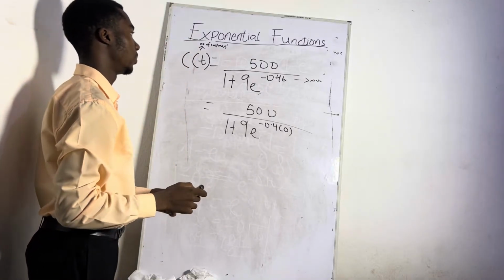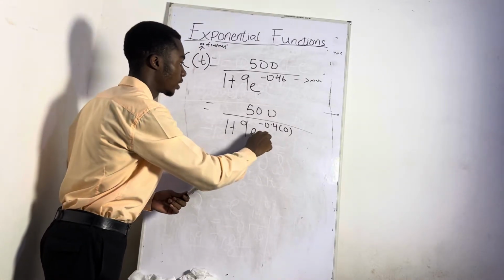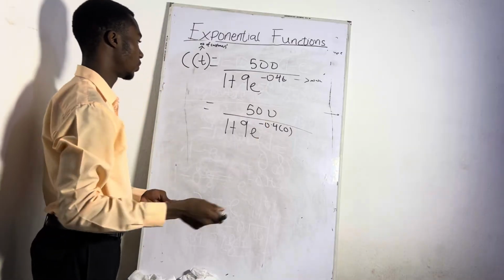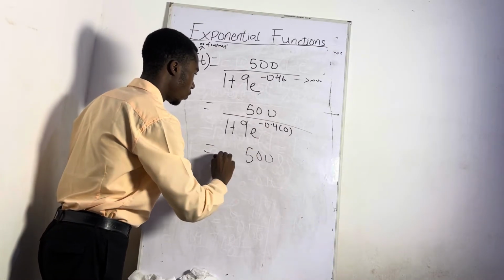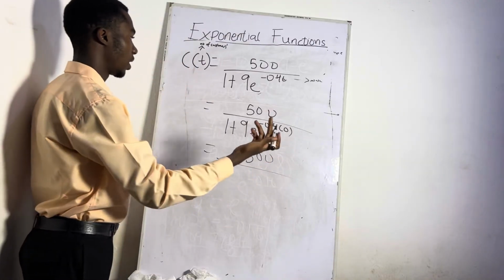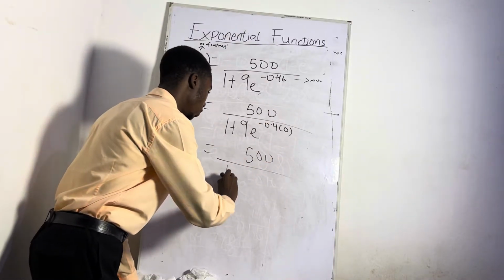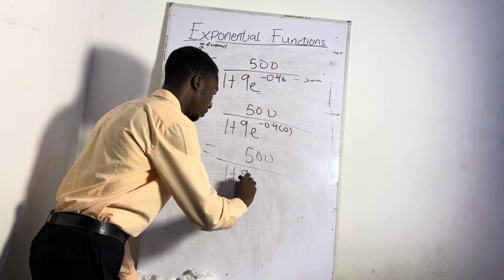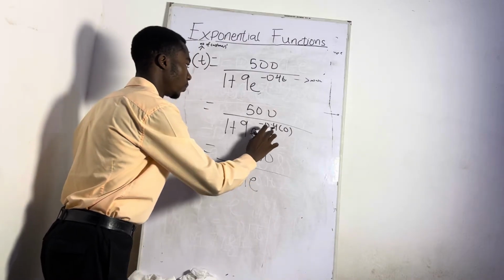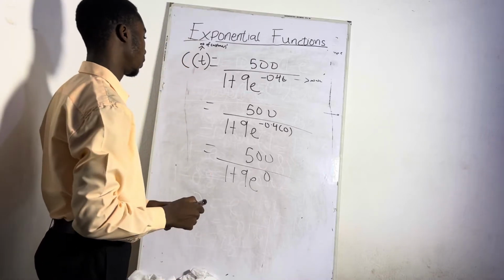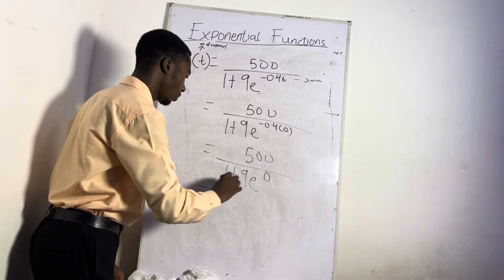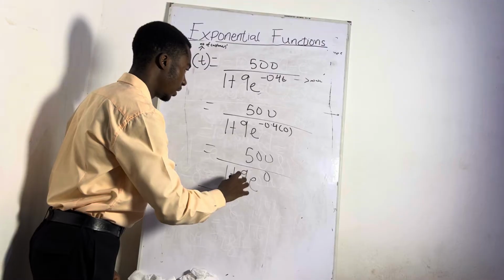You get it? Because now t is 0. You can actually punch all this on the calculator, but let's just simplify it. So 1 plus 9e^(-0.4 times 0), and 0.4 times 0 is the same as 0. So now 500 over 1 plus 9e^0.